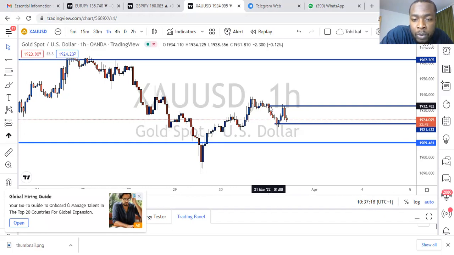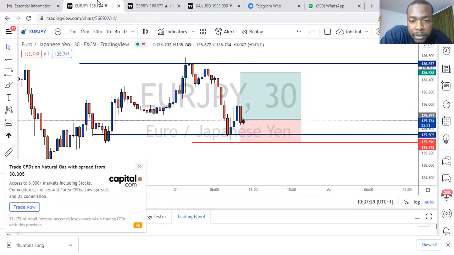So look at what price is doing here, or we can take this level. So the next buying opportunity, oh, I didn't check back on this one. Okay, good, still intact.